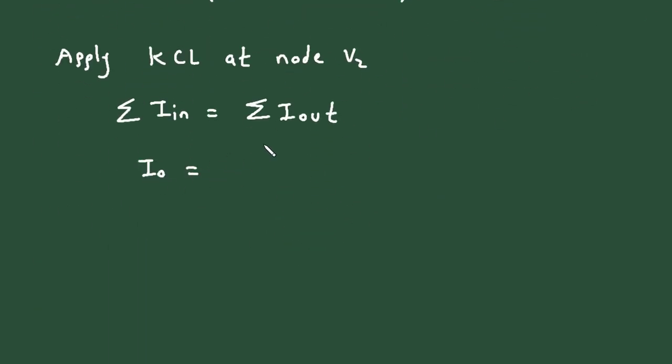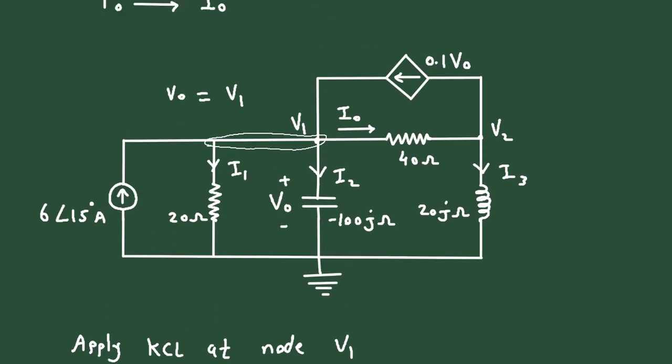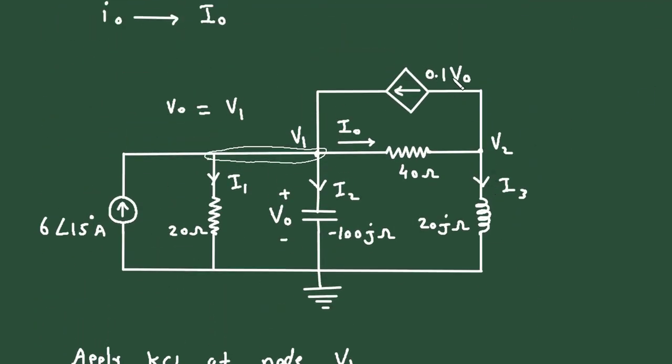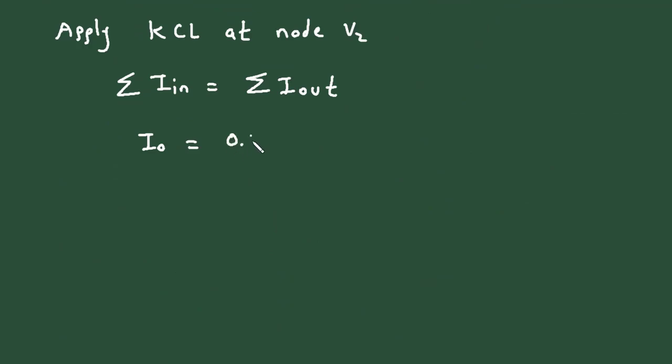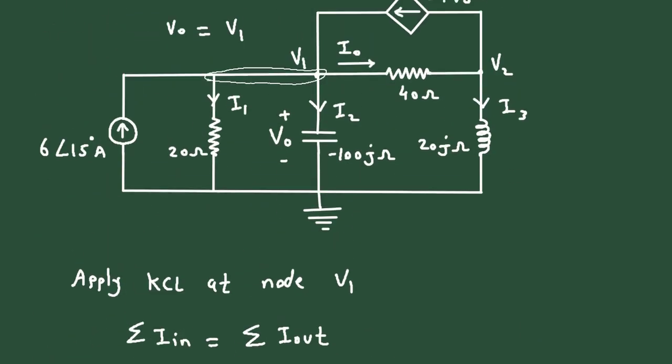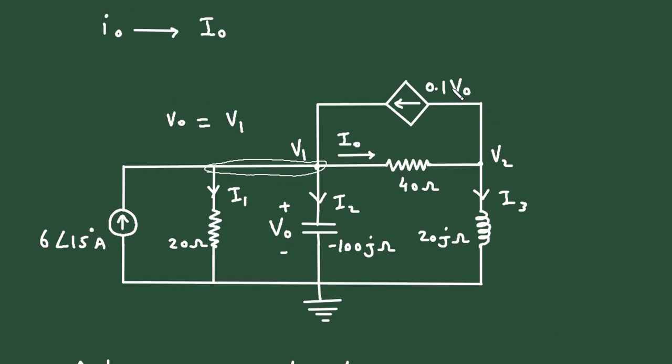So Io is equal to the leaving currents, this 0.1 Vo and this I3. These two currents are the leaving currents: 0.1 Vo plus I3.